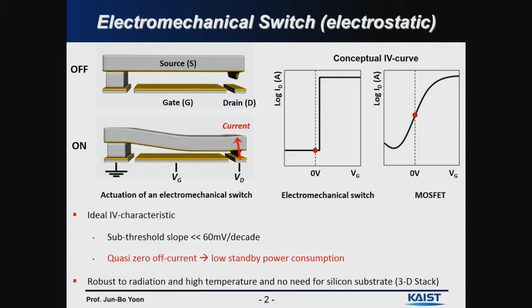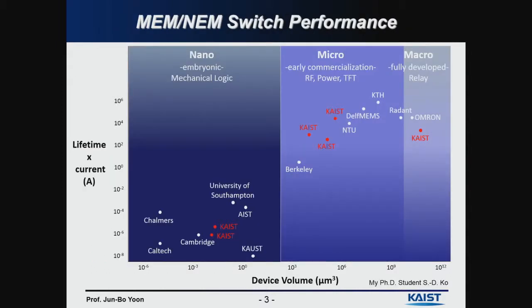And these are all the beauties that we can achieve from these electromechanical switches, but the reality is not that good. During preparing this presentation material, my PhD student, Ko, plotted all the previous data into this framework. And it comes from the macro scale size switch all the way down to the nanoscale switch.